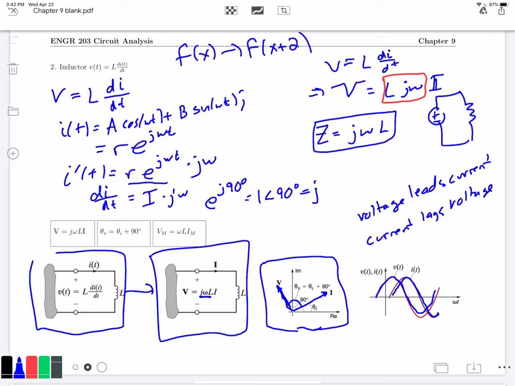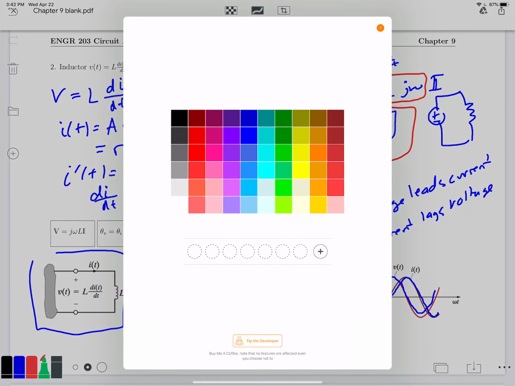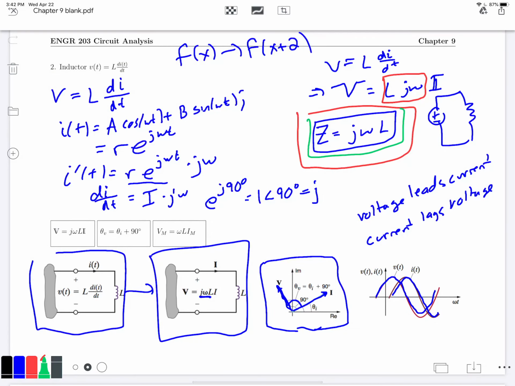Or in other words, the current is lagging behind the change due to the voltage. The voltage leads, the current lags the voltage. So the end result of all of this discussion is that when you have an inductor in your circuit and you want to convert it into a phasor, you use Z is j omega L.